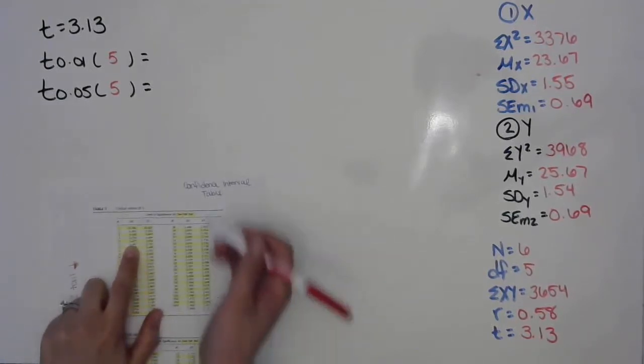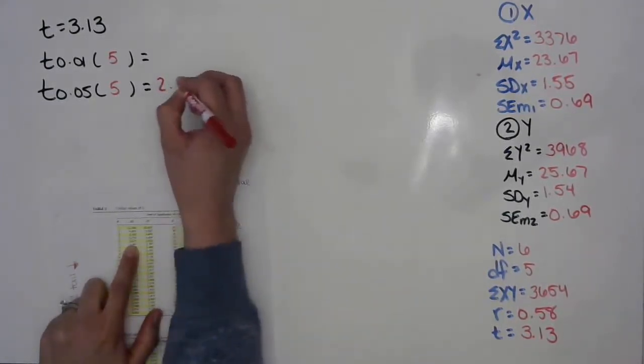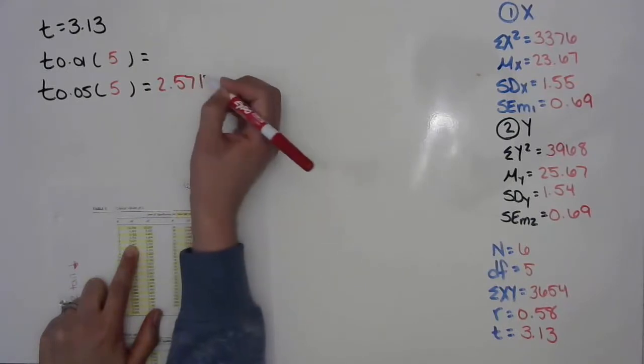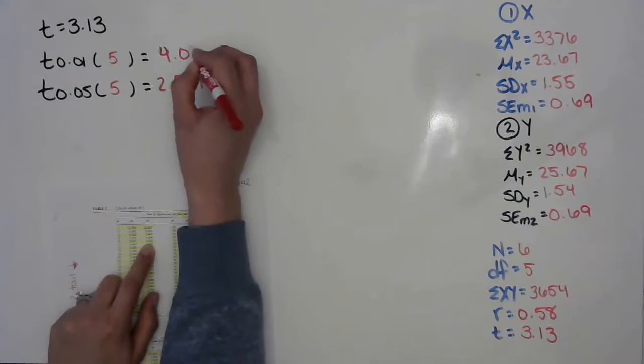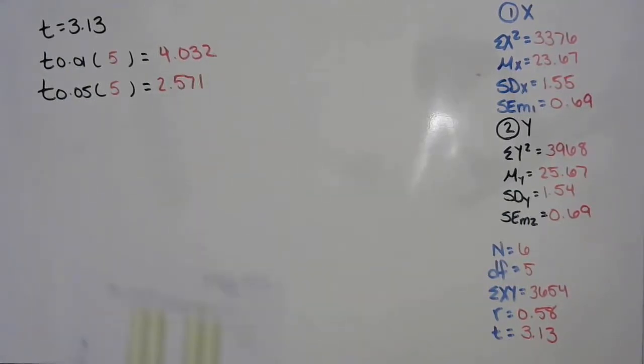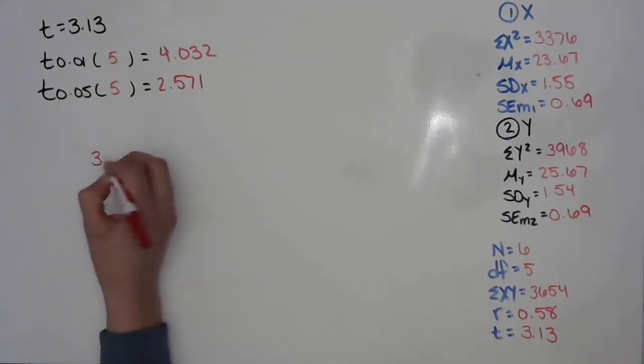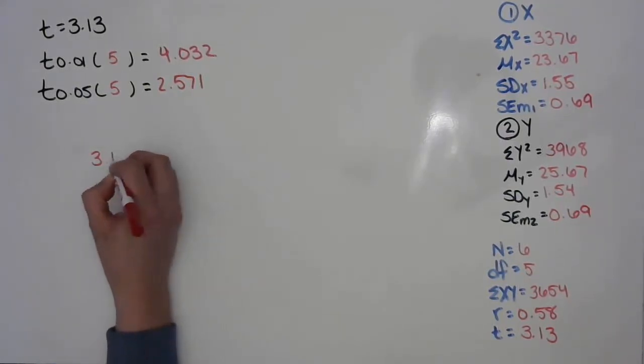And so for the 0.05 level, it looks like we have 2.571, and then for the 0.01 level, we have 4.032.